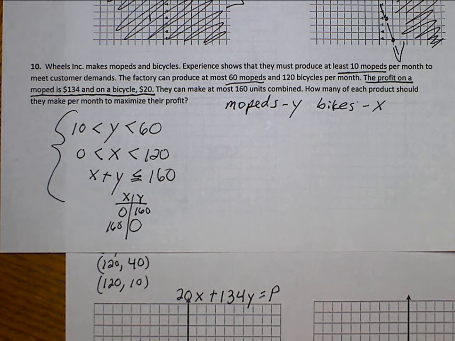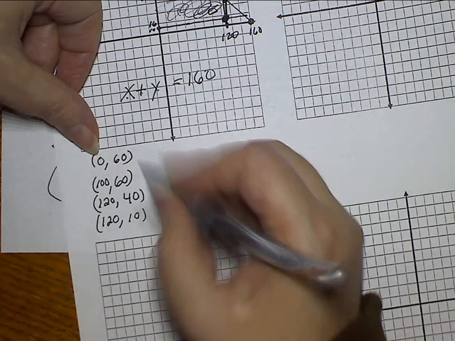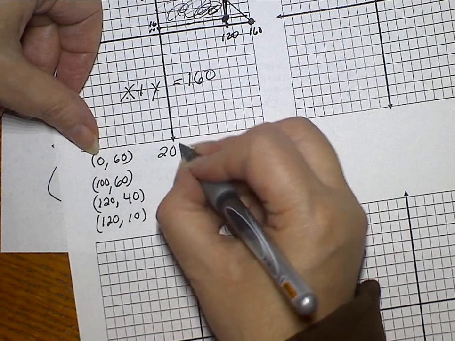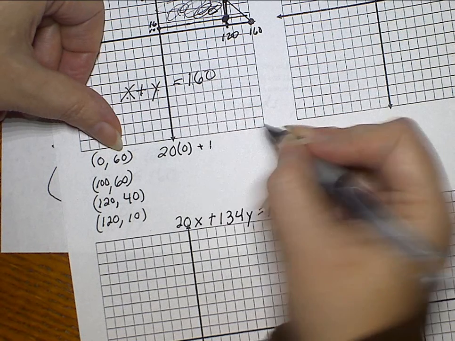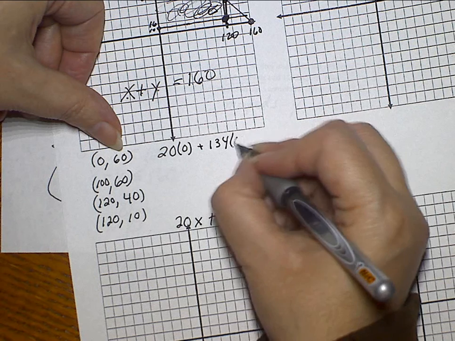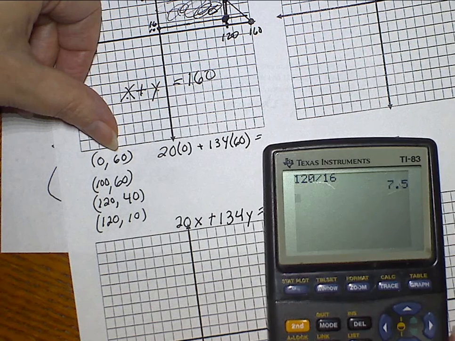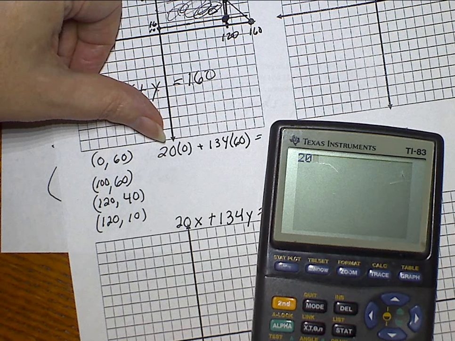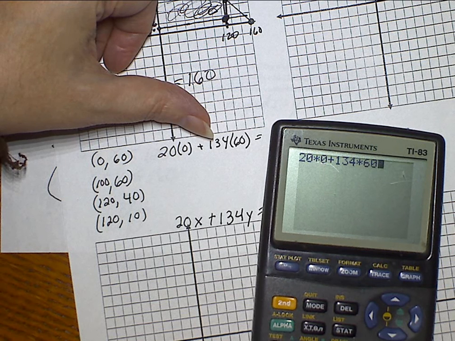So you simply have to plug in each one of these. So we go 20 times 0 plus 134 times 60, and put that into your calculator. So I have 20 times 0, which is 0, plus 134 times 60 is 8040.